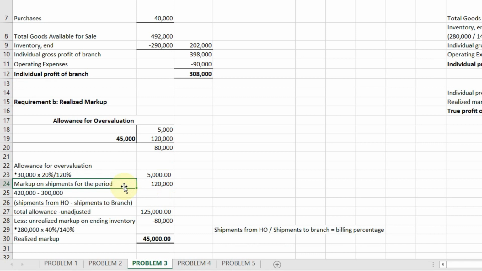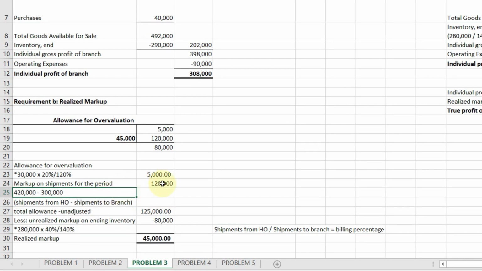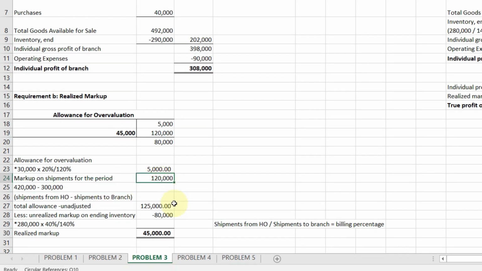And then, given din naman yung kay home office na 300. Okay, 300,000 talaga yung tunay na price niya. Binigay niya kay home office na hindi alam na may markup at 420. Kaya pag minusin mo yung dalawa, you have total markup na 120. Dagdag po siya. Kaya additions to the overvaluation.